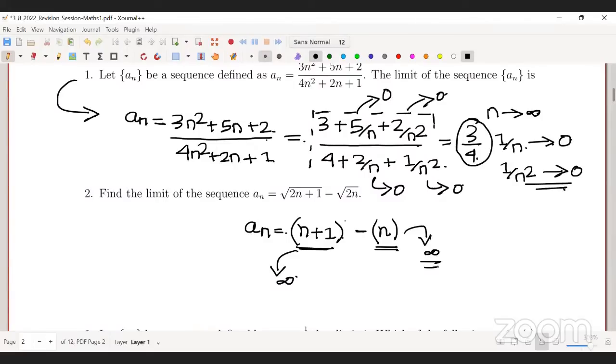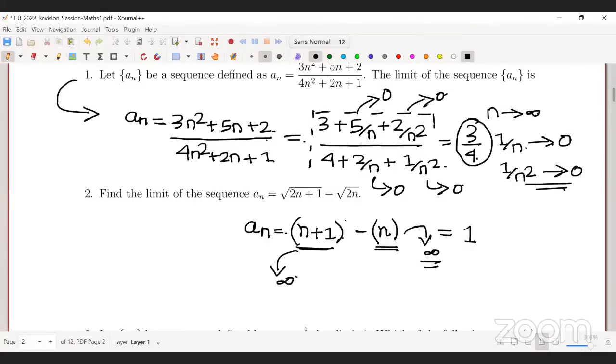So what is the limit of this sequence? 1. But according to your rule, this should also be infinity, right? But this is not infinity. This is basically 1. So we can calculate this.